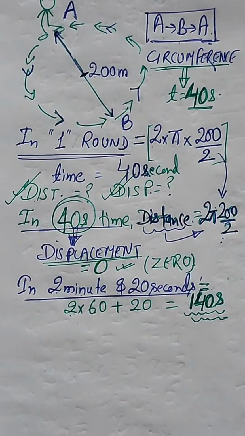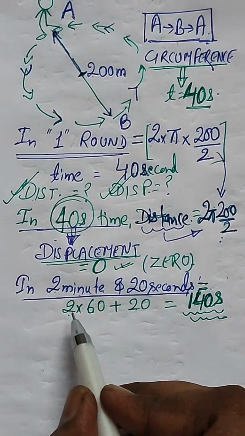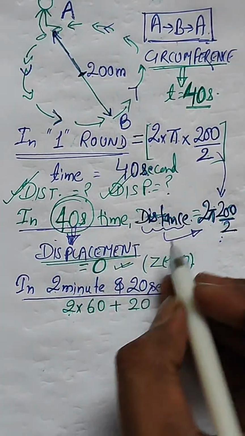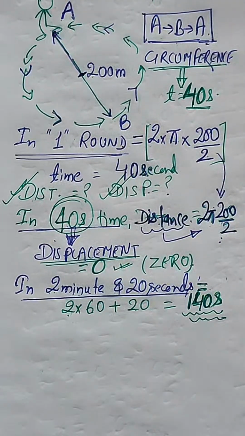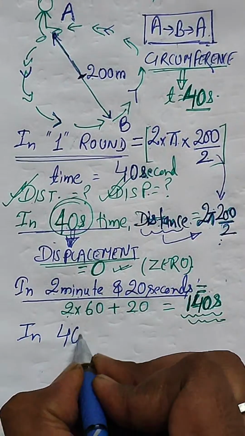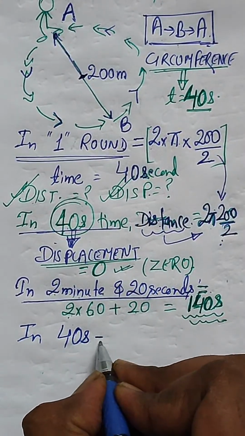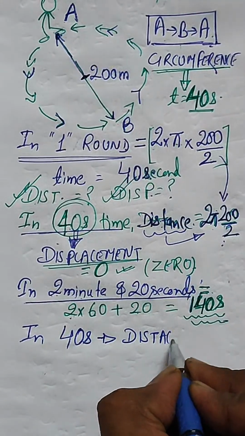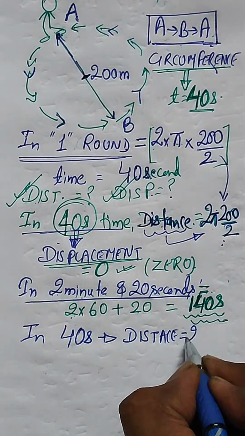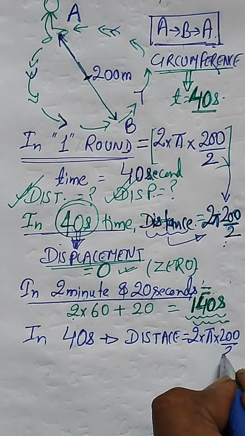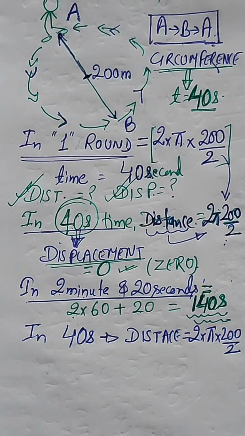So let us do one thing. Since in 40 seconds of time it's given that 2 pi, let me write it. In 40 seconds, distance covered is 2 into pi into 200 by 2, right?